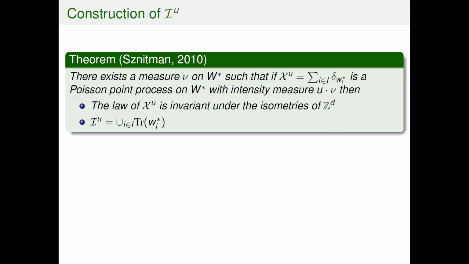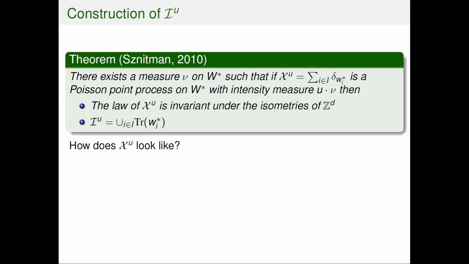A Poisson point process is a point measure on the space of doubly infinite trajectories. But if that's too hard to imagine, just imagine a countably infinite collection of doubly infinite trajectories. Somehow this whole picture is invariant under translations, in the sense that if you shift this cloud of trajectories, then you get a cloud of trajectories with exactly the same distribution.